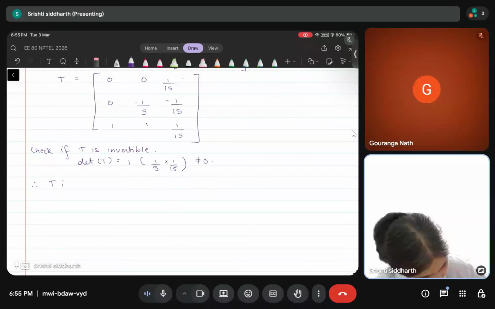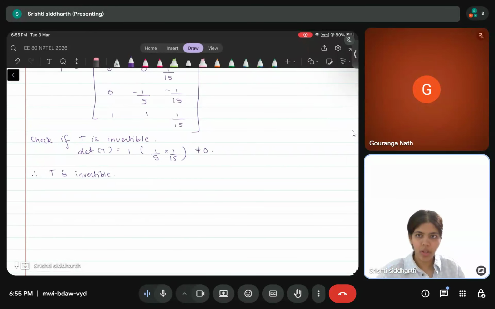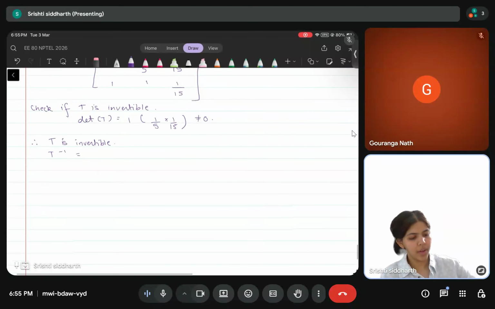Therefore, T is invertible. Since it is a 3 by 3 matrix, you can use any of the formulas to get the inverse of the matrix. So I write down the matrix T inverse directly. You can just verify this later.